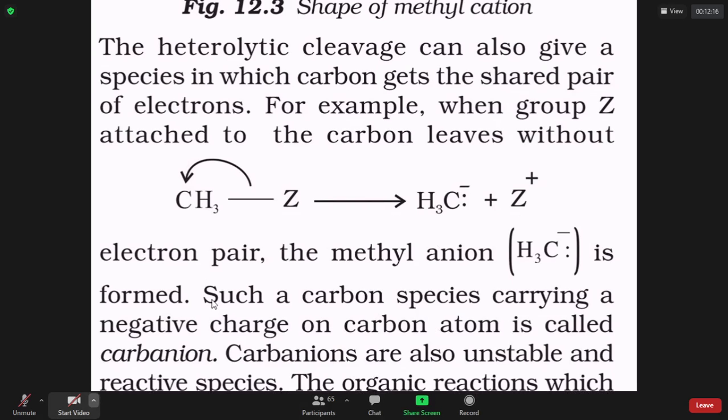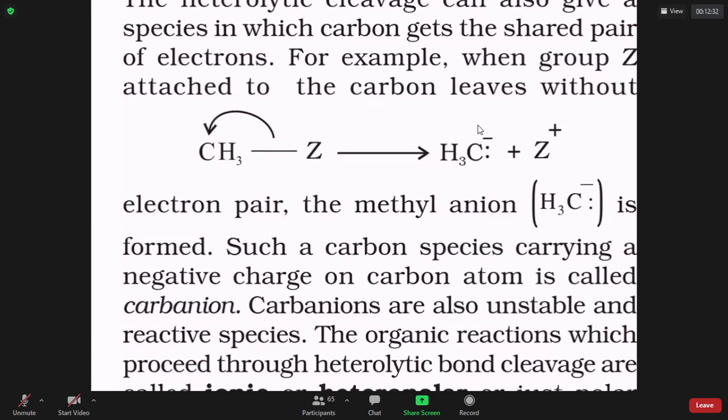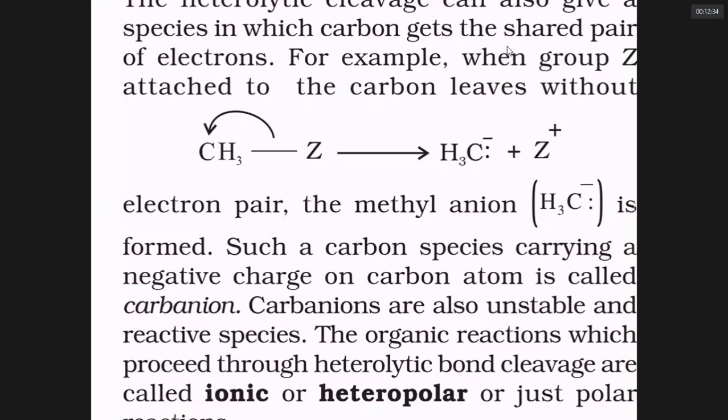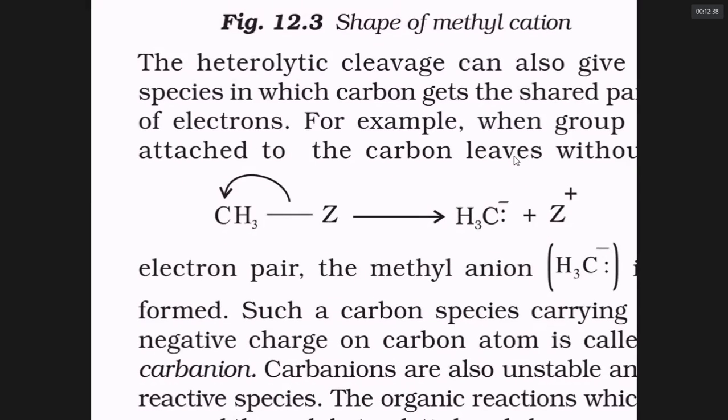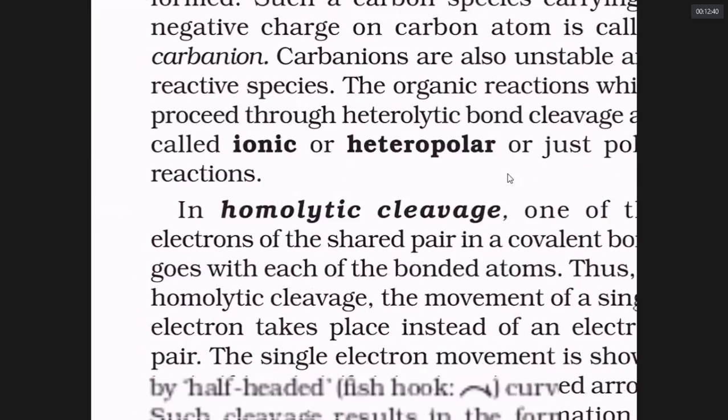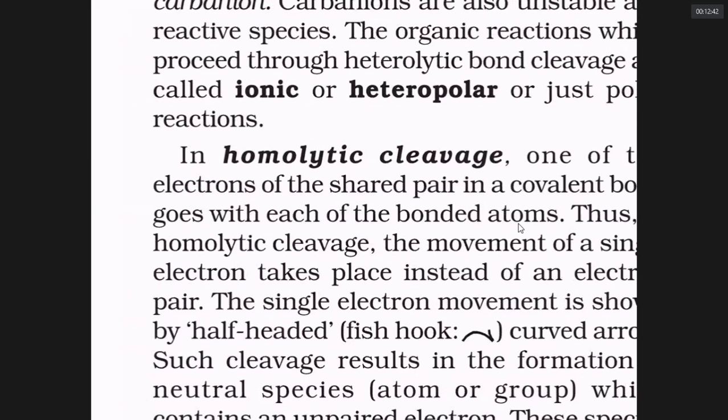The carbanion is stabilized by certain factors. The factors that stabilize carbocation are exactly opposite to the factors that stabilize carbanion. So the order of stability of carbanion is exactly reverse to the order of stability of carbocation. This type of bond breakage where somebody is getting minus, somebody is getting plus is called heterolytic or heteropolar or ionic cleavage.